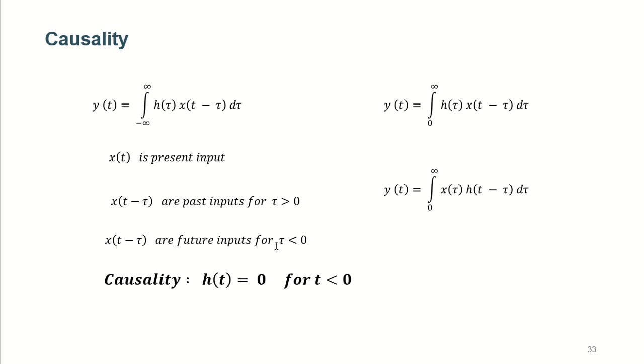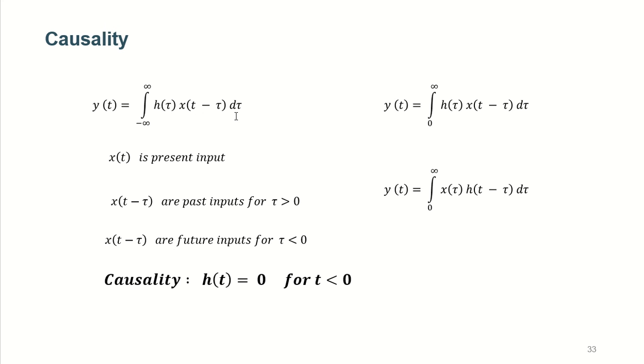When my system is causal, your output is completely dependent on present and past input only. So either h of tau or x of t minus tau, one of them must be 0 for tau less than 0, for your system to be a causal system.